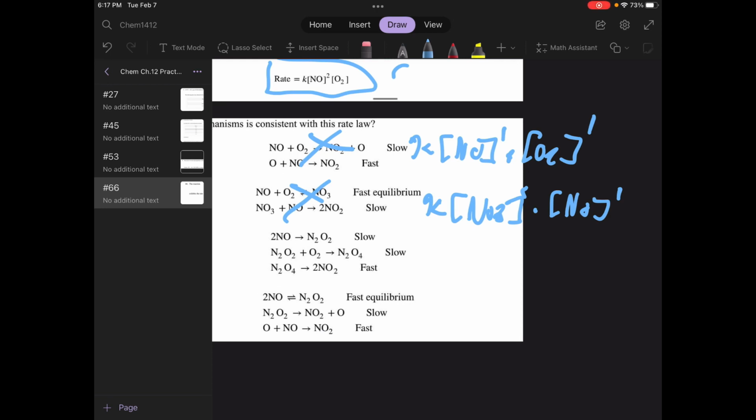For the third one, we combine both of the slow steps. In other words, we use a bit of Hess's law, and these two cancel out. So we just get 2NO plus O2 produces N2O4.